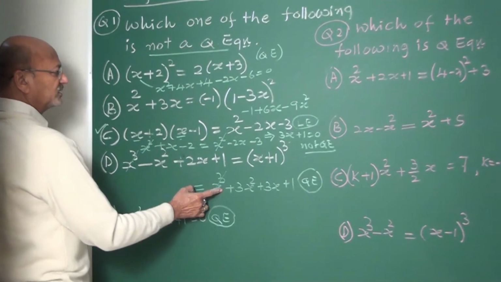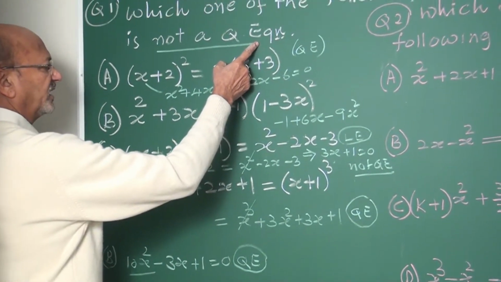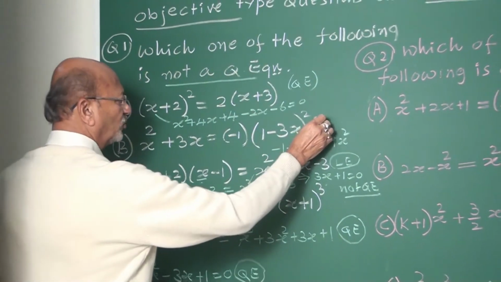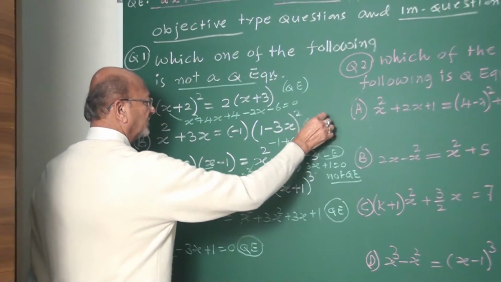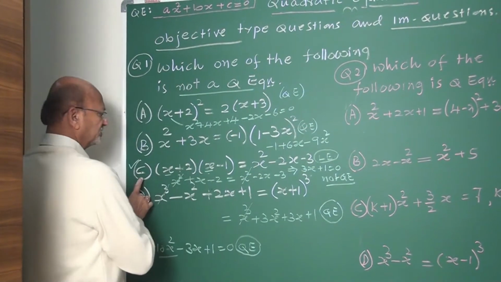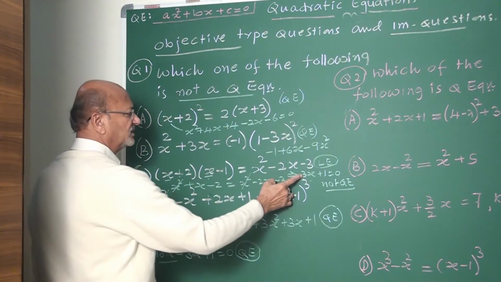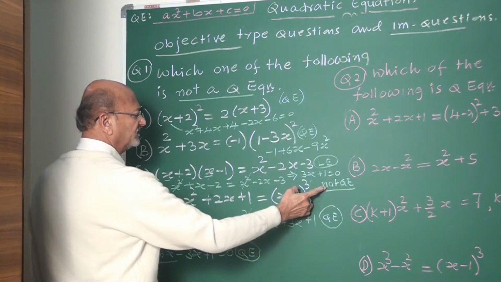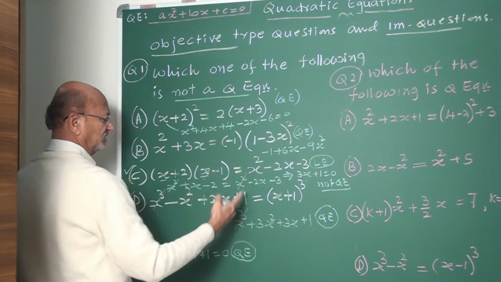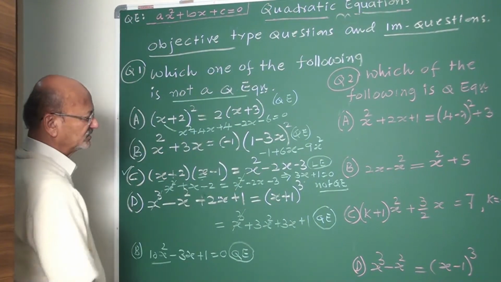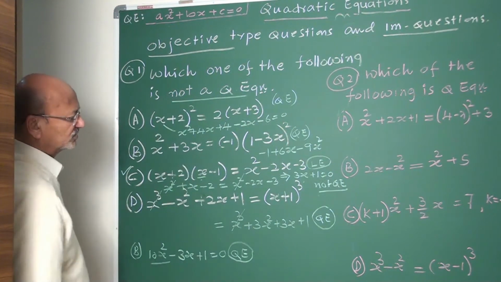This is quadratic, this is quadratic, and it is also quadratic, my friend. Then the third option, which is C, as x square cancels, it doesn't contain the x square term, and hence it is not a quadratic equation. Yes, my friends, this is the solution for this.